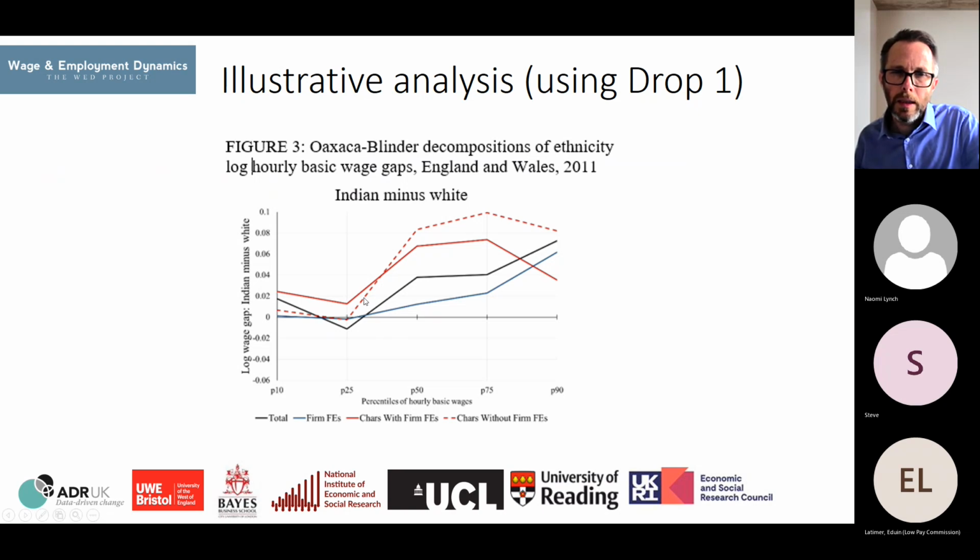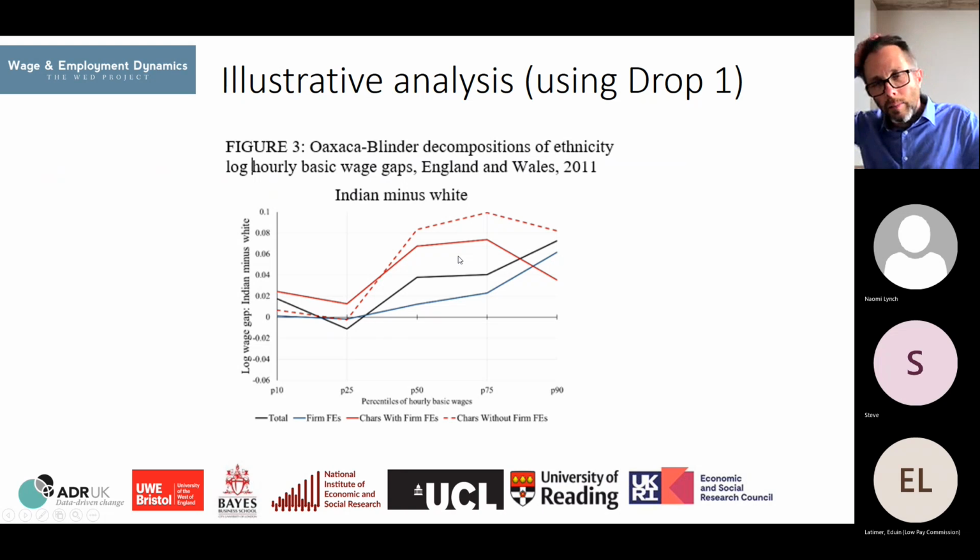If you focus then on the dashed red line, that shows you the importance of differences in personal characteristics like education or age or where you live. And that's what you get from a standard wage regression on the Annual Population Survey, showing that a lot of this wage premium for high earning Indians over white workers is due to their personal characteristics.